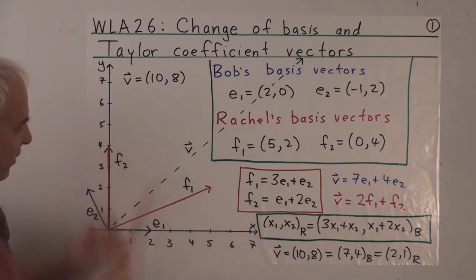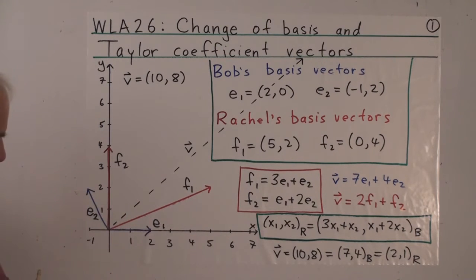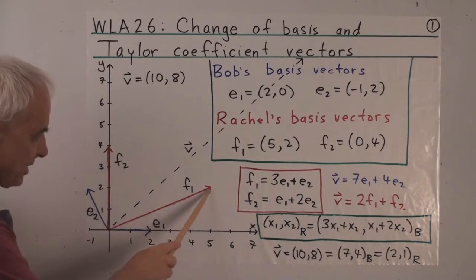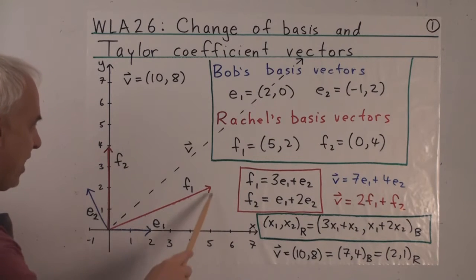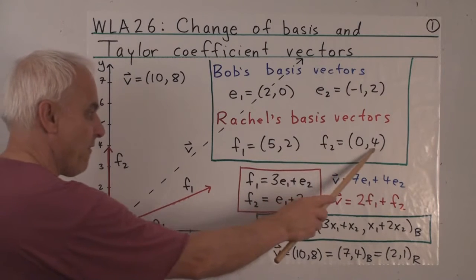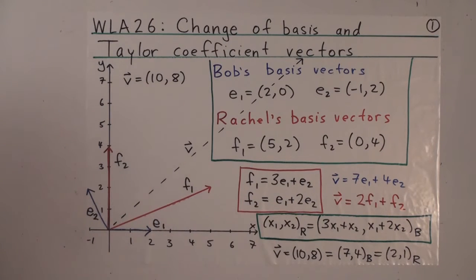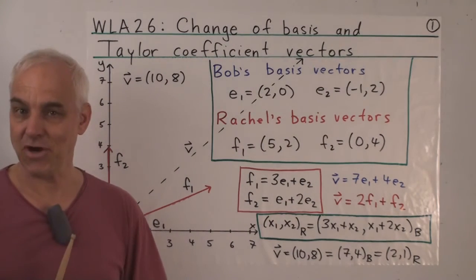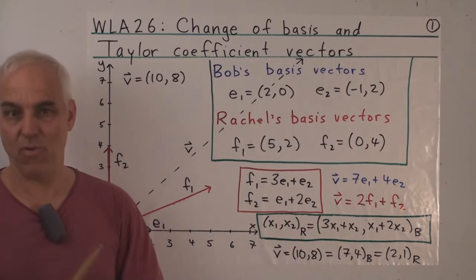So in our framework, we can say Bob's basis vector E1 is actually the vector (2, 0), and the vector E2 is (-1, 2). We can look at Rachel's basis vectors, F1, which is roughly (5, 2), and F2, this one here, which is (0, 4). This gives us a way of objectively, concretely specifying what these four vectors are from an external point of view.